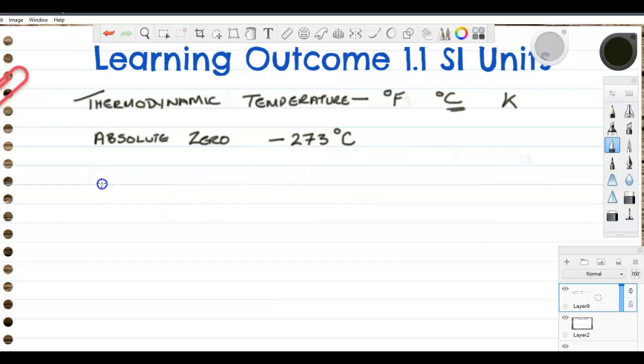Our second temperature is C, and that is Celsius. You've all done this at school. The 0 point is where water freezes.